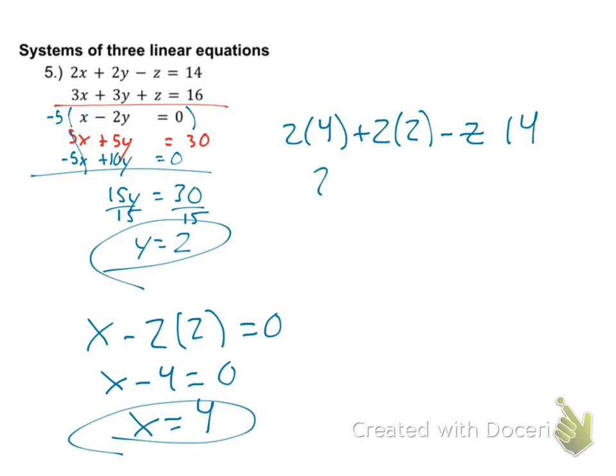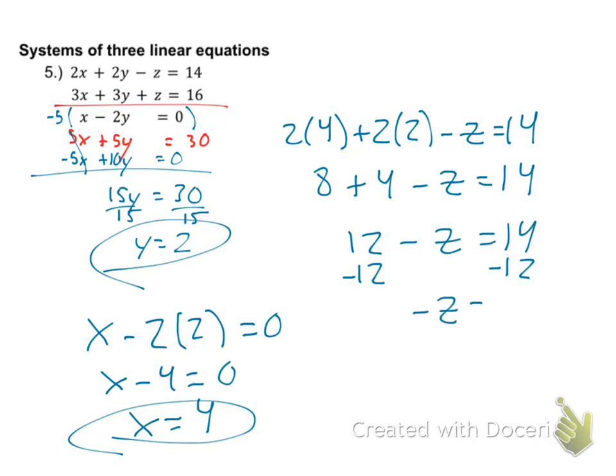But that's fine. 8 plus 4 minus z equals 14. 8 plus 4 is 12, minus z equals 14. I'm going to subtract 12. Negative z equals 2. I don't want negative z. I want positive z. So I'm going to divide by negative 1. z equals negative 2.